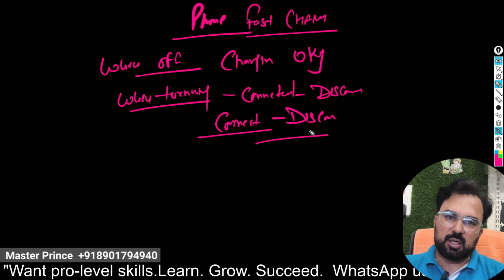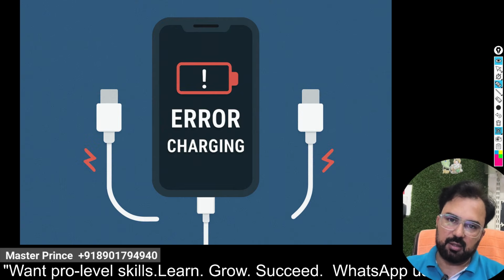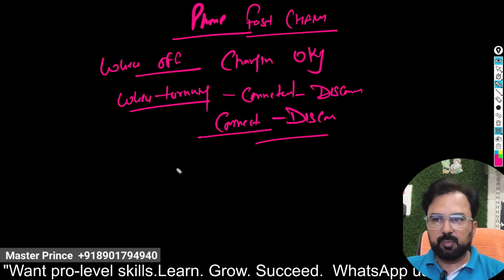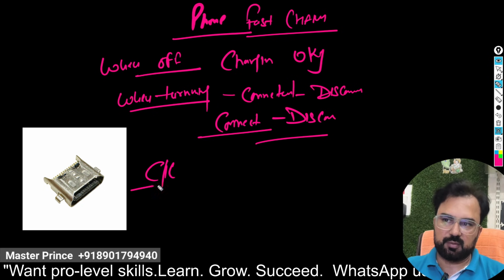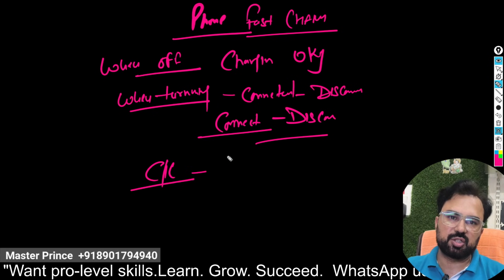When you connect a charger after switching off, the phone charges completely. But when the phone is turned on, after connecting a charger, this connect, disconnect issue is created. Some people doubt maybe a fault in the charging connector, a charging jack, maybe a subboard, maybe a charging flex.